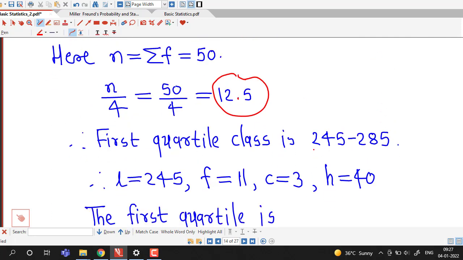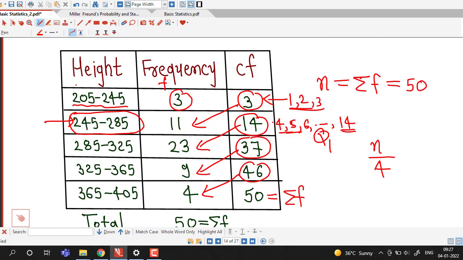So we have written here first quartile class is 245 to 285. Now lower limit of this class will be considered as small l. So l equal to 245. Frequency of this class will be considered as frequency of first quartile class, and this 3 is the cumulative frequency of the class which is preceding this first quartile class.